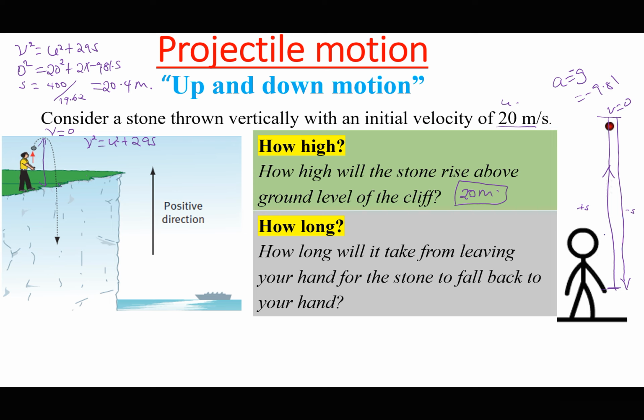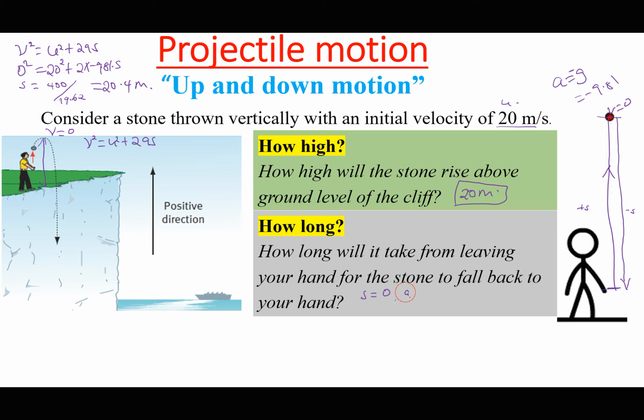If it travels one distance in one direction and falls back in the opposite direction, then total displacement is 0. So when the stone returns to the point from which it was thrown, or to the same level, its displacement is 0. So in this case, displacement s is 0.